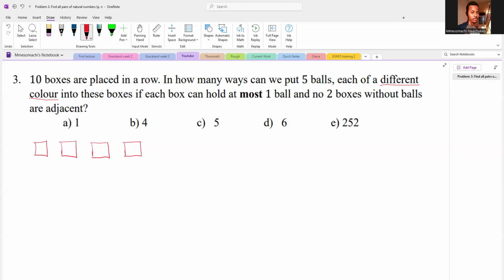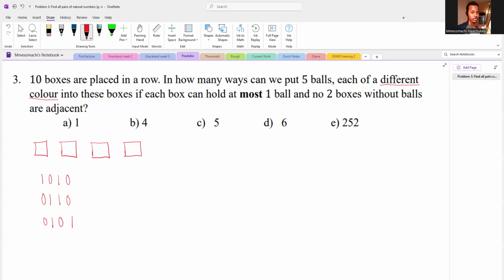There are a lot of ways we can do it. Let me use 0 to represent an empty box. So one way we can have is 1 0 1 0. Then we can have 1 1 0, whereas 0 1 1 0. Then we can have 0 1 0 1. Okay, so these are 3 ways.